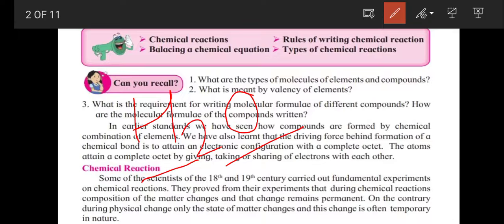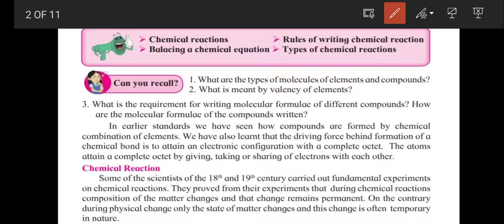So how will we write the molecular formula? The molecular formula can be written by the individual symbols of the elements, that means hydrogen and oxygen, and the number of atoms of each element present in that molecule. So that is the molecular formula of any compound.